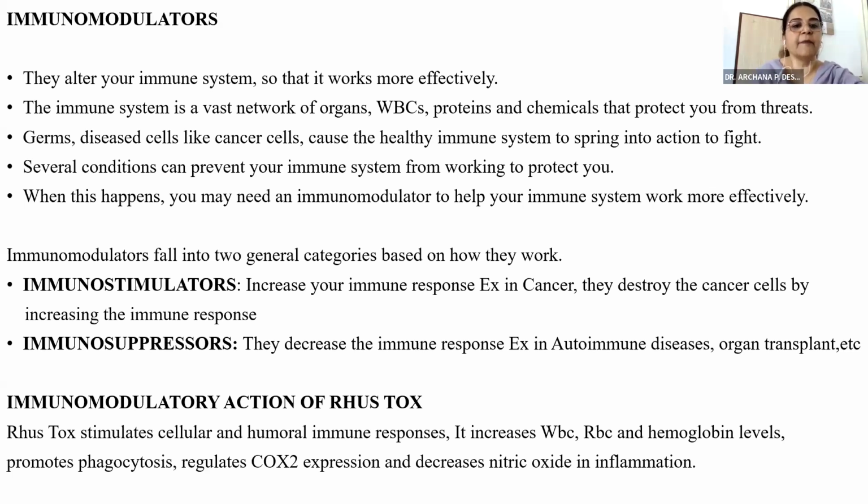At that time you have these immunomodulators, which are classified into immunostimulators and immunosuppressors. Immunostimulators will increase the immune response, like in cancer, where the growth of the cancer cells has to be controlled, whereas immunosuppressors would suppress the immune response, like in autoimmune diseases or organ transplants.